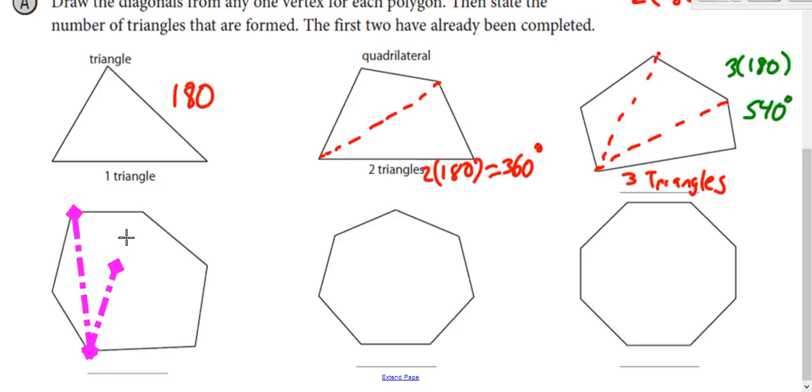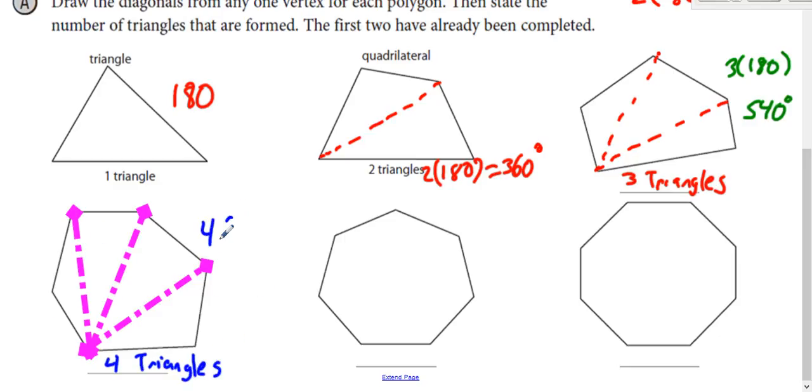Draw a triangle there, there, and there. So we get 1, 2, 3, 4 triangles. Every triangle is 180, so 4 times 180. That's 720 degrees.